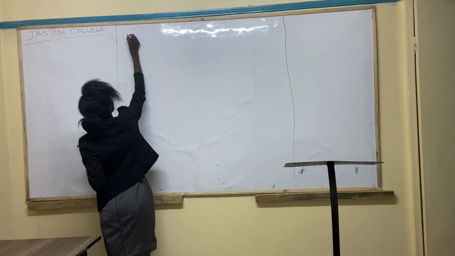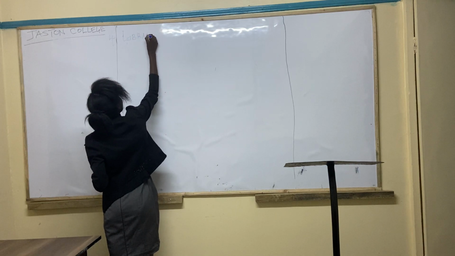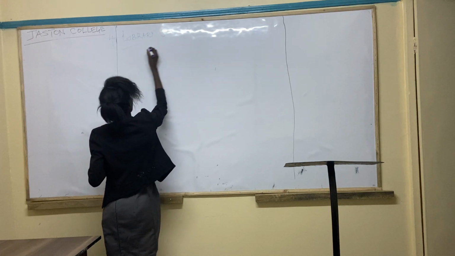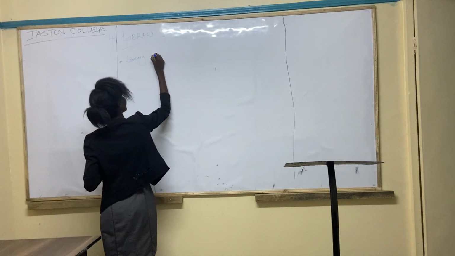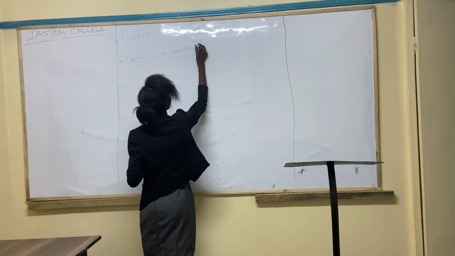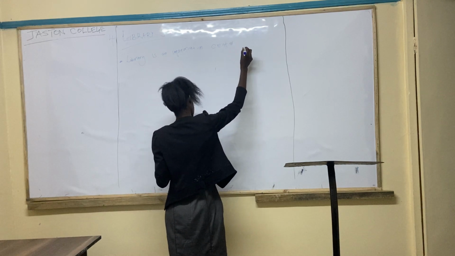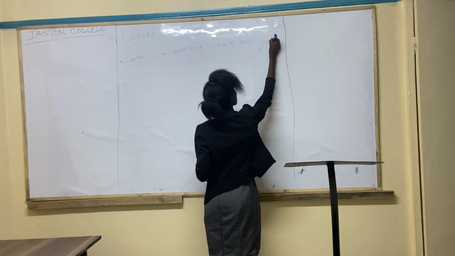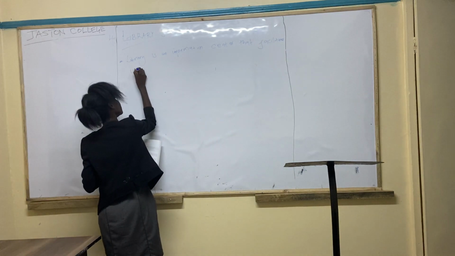Number 4, library skills. So a library is an information center that facilitates use and access of information.